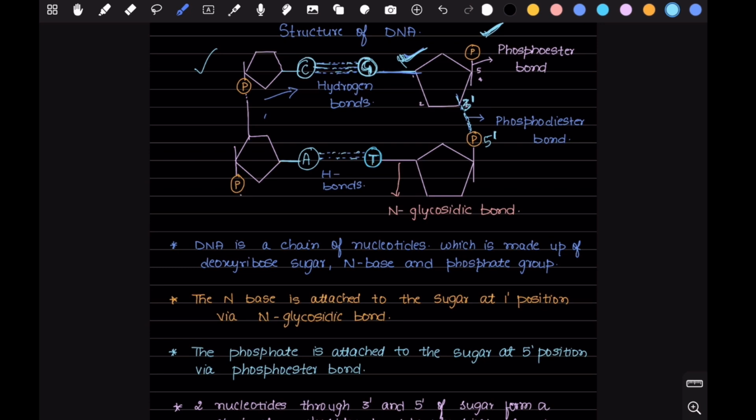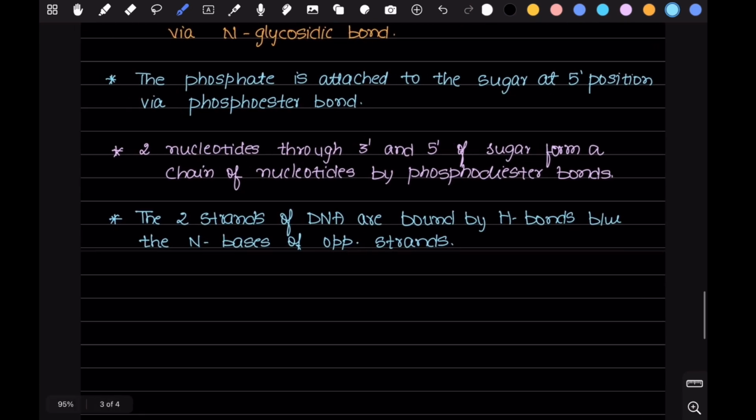Do they have any particular names based on the nitrogenous base they consist of? Yes. Each nucleotide has a particular name based on the nitrogenous base it consists of.